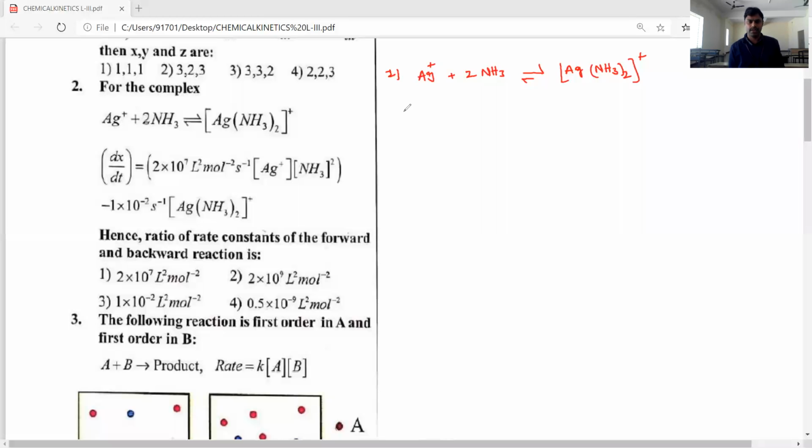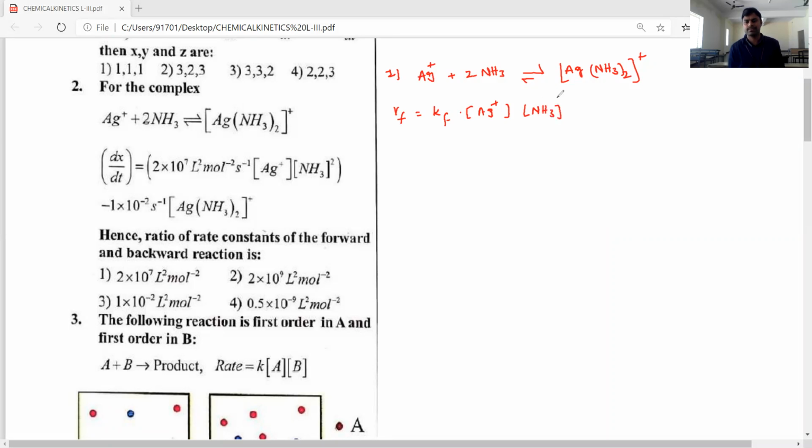See, the rate of forward reaction, RF, is equal to Kf, the forward rate constant, times the concentration of Ag+ times the concentration of ammonia whole squared.